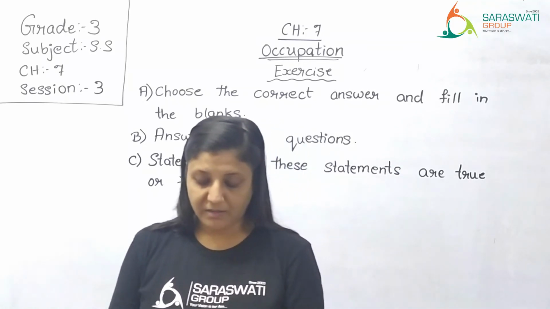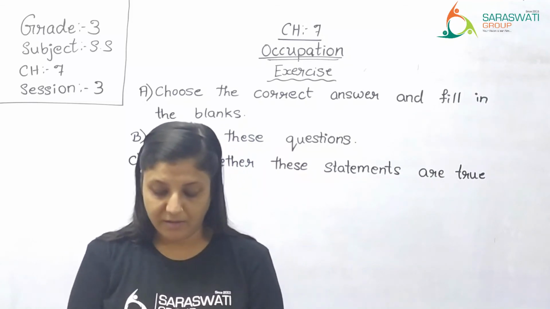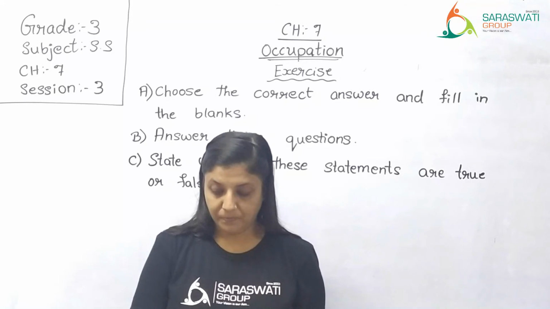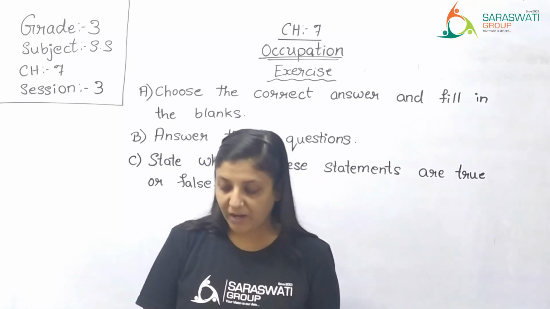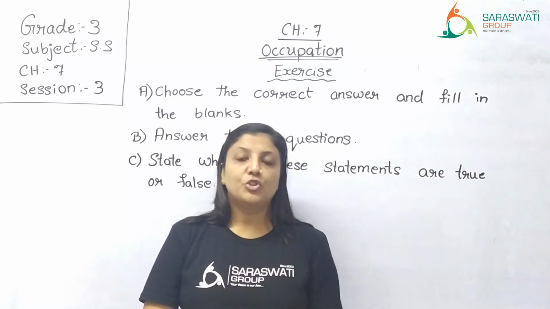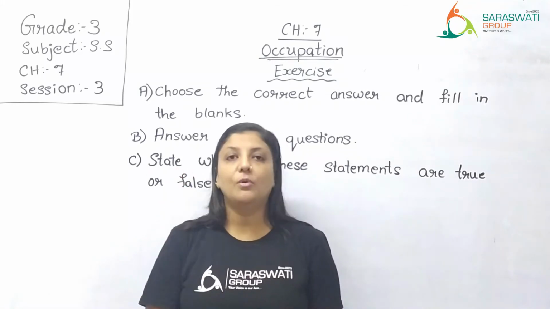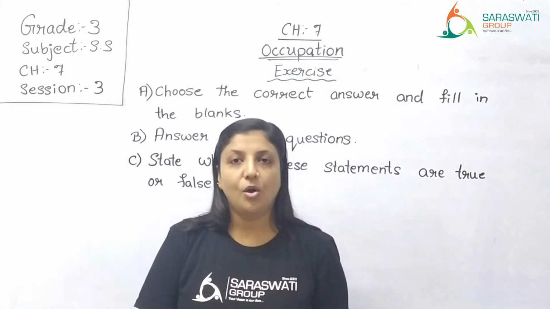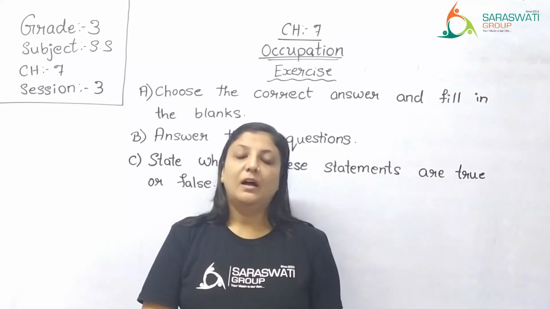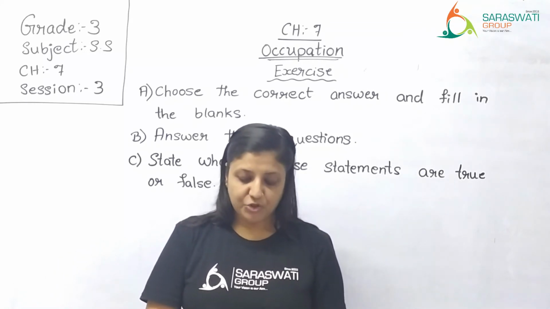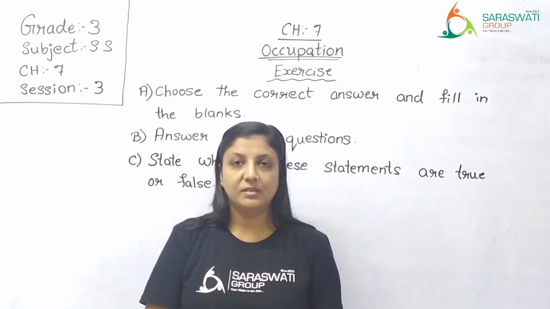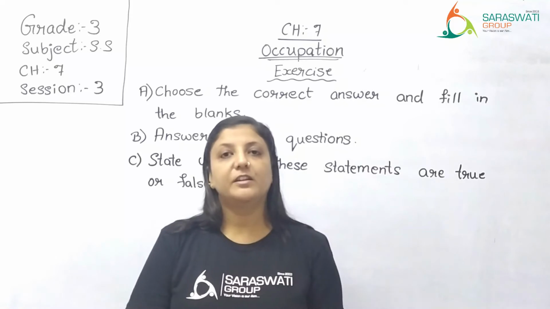Next, answer these questions. So first question is, list the important factors for choosing an occupation. So what all things you should keep in your mind for choosing any occupation? That you have to write. Answer is, people choose an occupation according to their education, skills and needs.